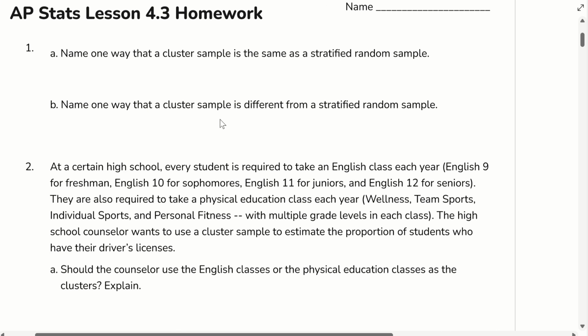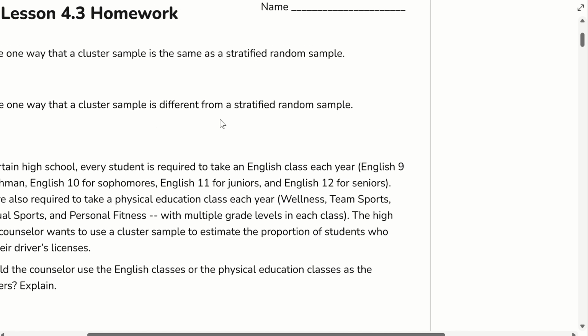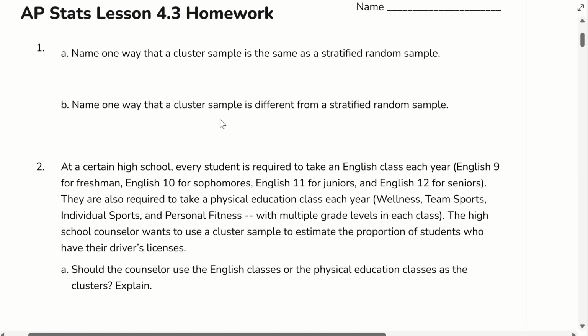All right, so we want it to be the same. For one, in both types of samples, you had to split the population into groups, right? In one, you split them by location or proximity to each other, and in the other, we split them based off of some kind of characteristic that is similar within those groups.